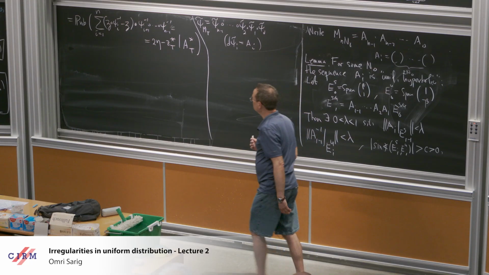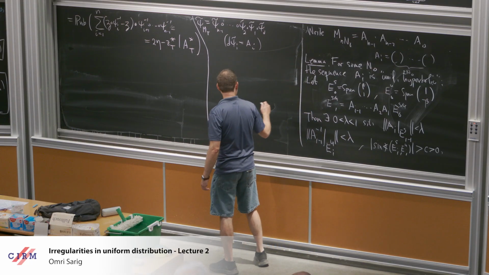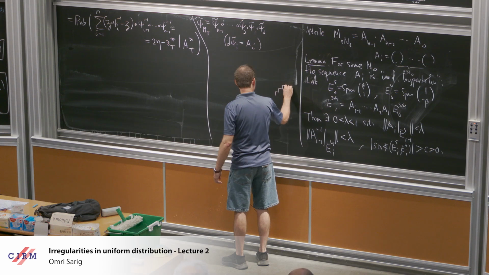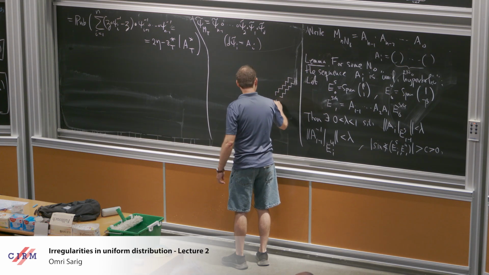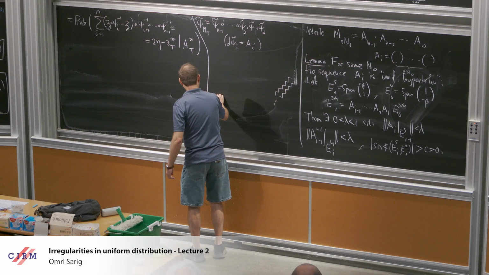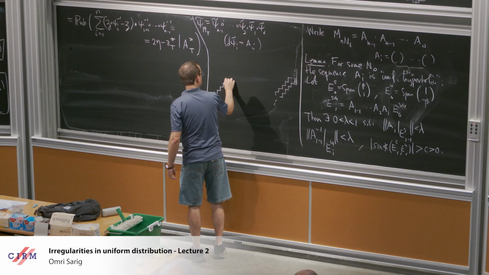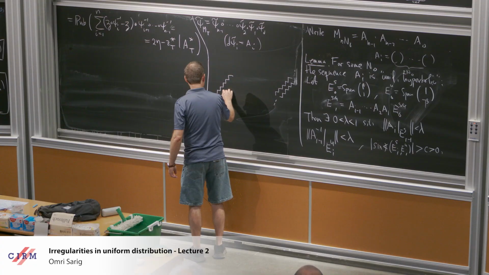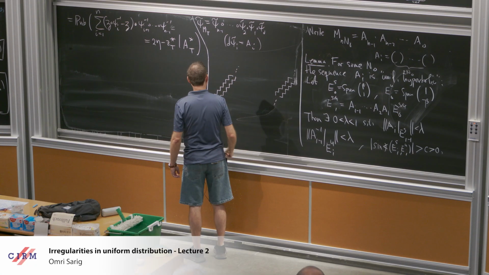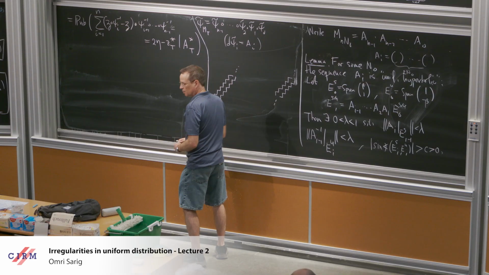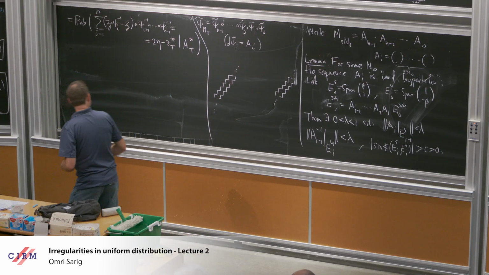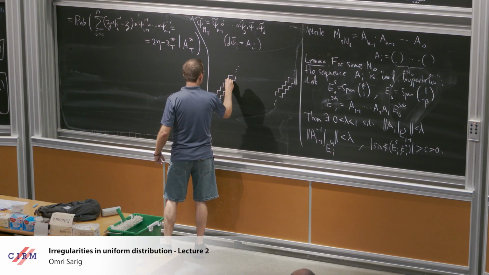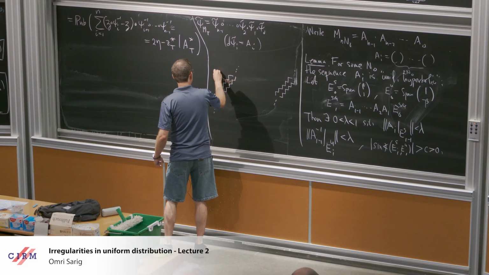What's written here? Think about the following process. I have my staircase, and I have my target rectangle, 2 eta.